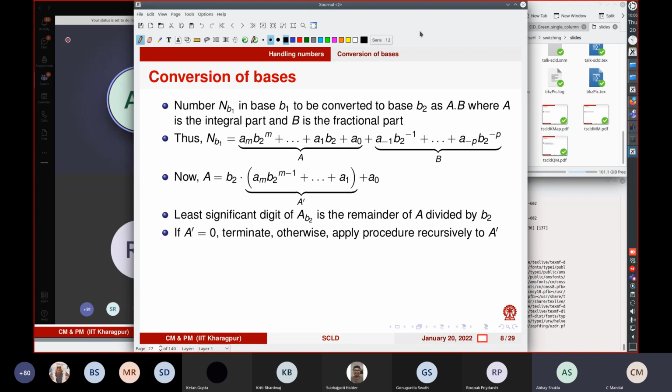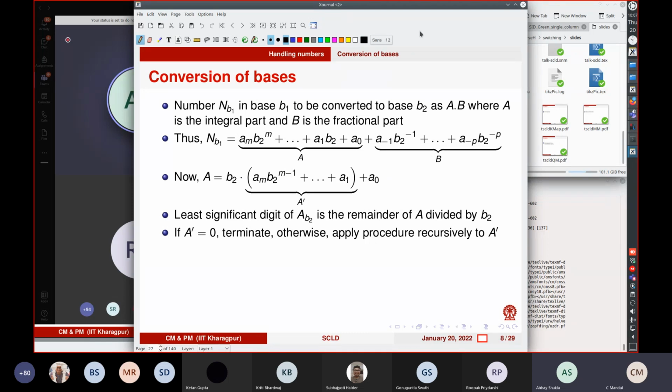That gives you the least significant digit of A in base B2 when you divide A by B2. So that is the basic step. I mean, you're aware of it, but it was not properly presented yesterday. And that's how you go on.